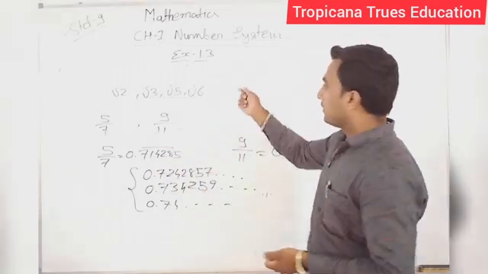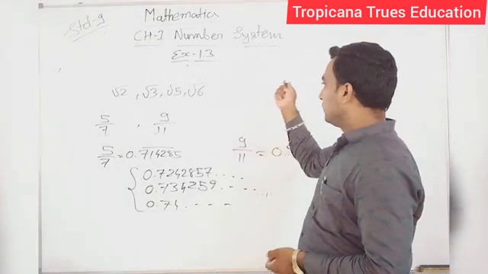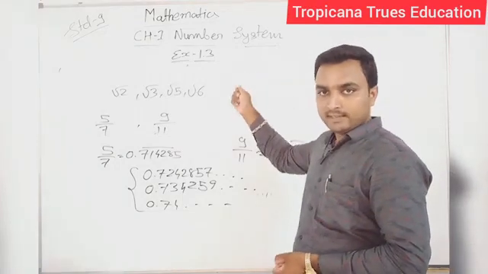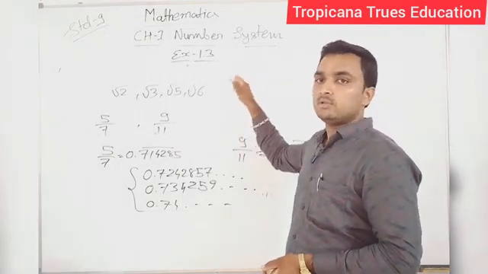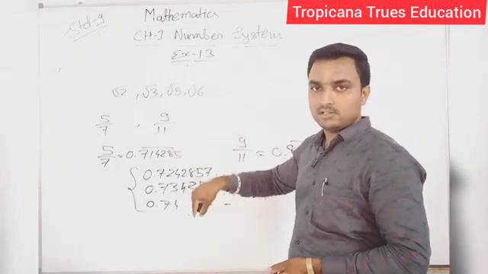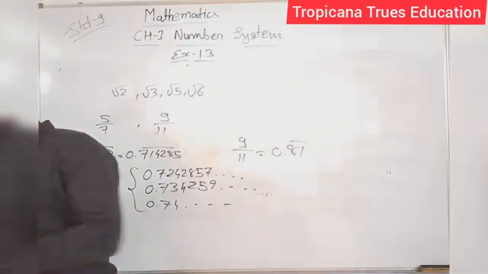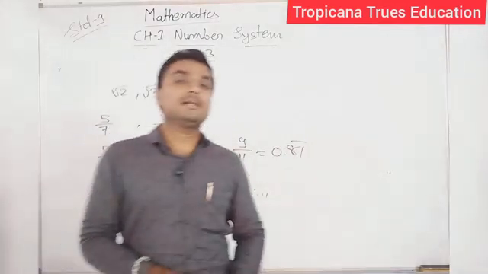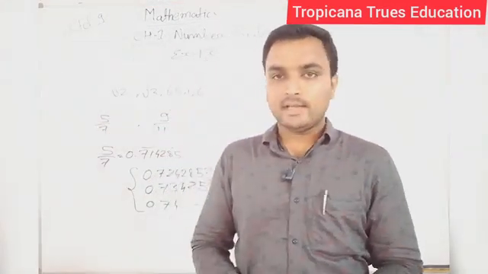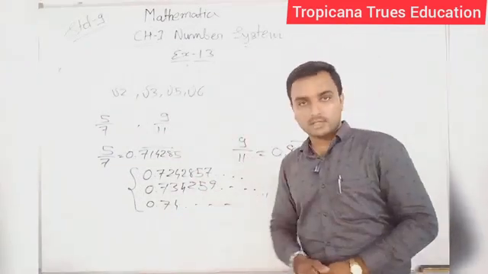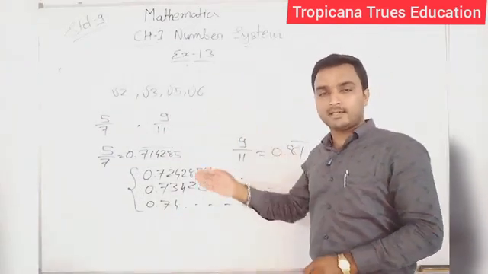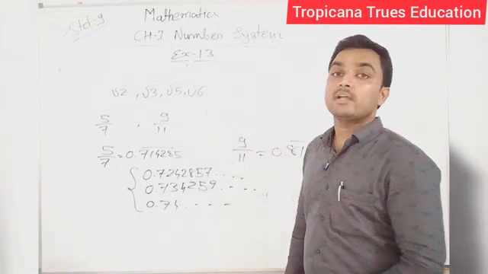If after the decimal point the number is terminating, then it is rational. If it is non-terminating, then it is irrational. Clear? Now see here, if the number is non-terminating recurring, then you can say that it is your rational number. But if it is non-terminating, non-recurring, then that number is called your irrational number.